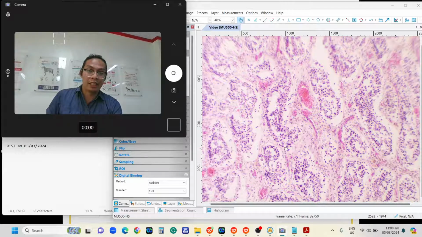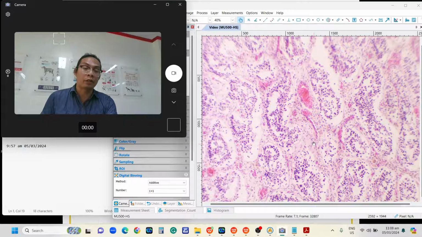So again, this is an outline of a seminiferous tubule. Each of these tubules would have a secretory duct ending in the rete testis na may connection naman papunta na sa epididymis. Okay? So this is again a compound tubular organ.